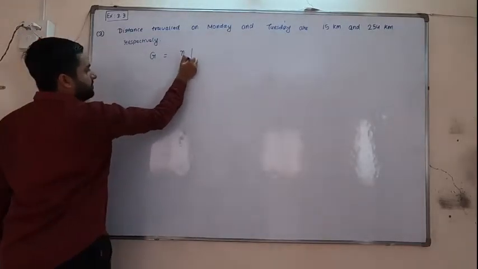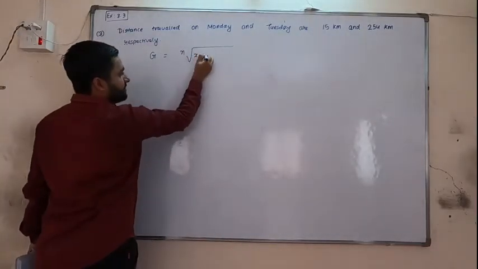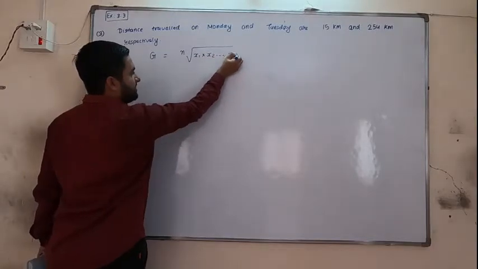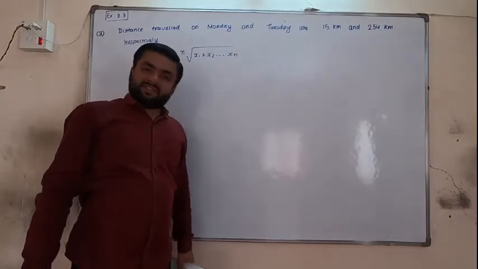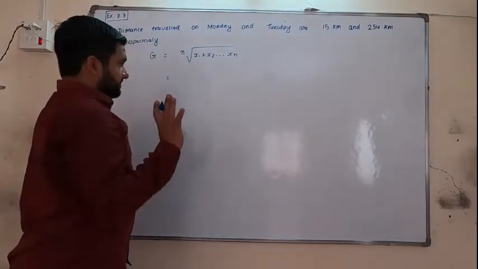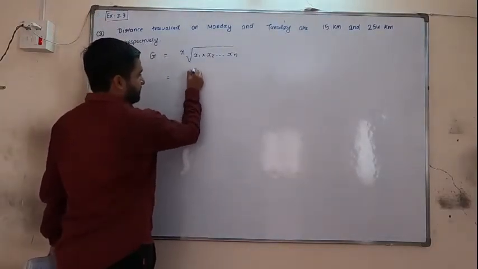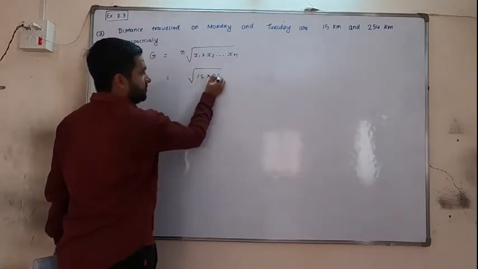G is equal to the nth root of x1 multiplied by x2 dot dot xn. See, here percentage increase or decrease is not given, so directly use the values. So square root of 15 into 254.